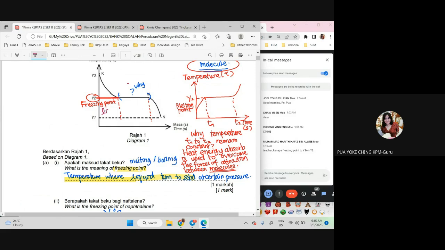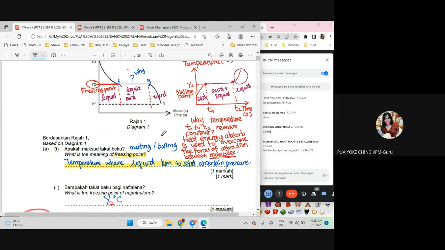It will start as liquid here. Here is liquid plus solid. This part is your solid. If heating, it will start here as solid. Here is solid plus liquid, and then here is liquid. Remember, only when you reach this point is everything 100% liquid. In the middle, the mixture is the change of state, with both states present.